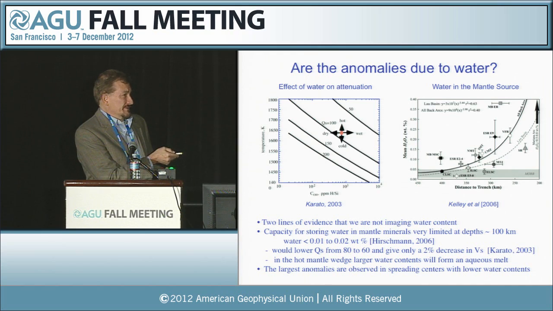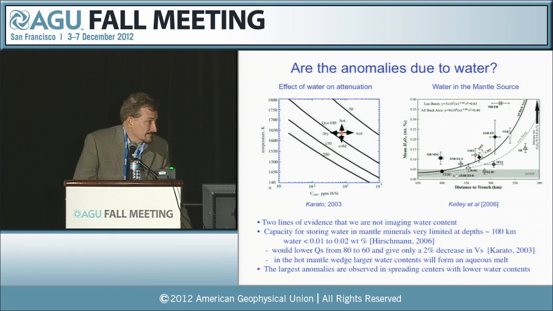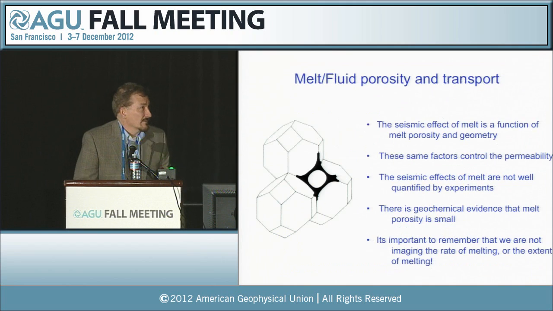One other thing is that if we look at the back-arc spreading centers and their inferred water contents, the ones that have the largest seismic anomalies, such as the central Lau spreading center and the northeastern Lau spreading center, have relatively modest water contents, whereas the Valu Fa Ridge, the southern part of the Lau system, which has a very high water content, has a much more modest seismic anomaly. So we're really observing melt and not water.